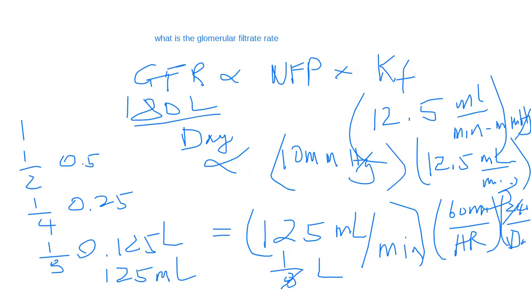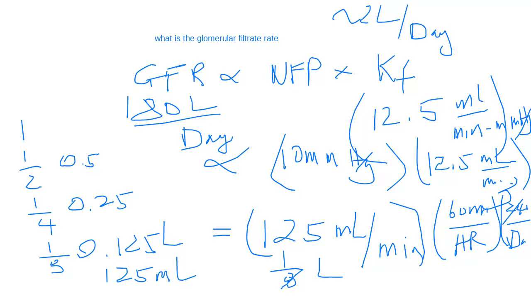No. You'll void roughly about 2 liters a day. That means roughly 99% of the filtrate gets reabsorbed, taken back. Even though the kidney makes 180 liters of filtrate a day, you only get rid of 2 liters a day.